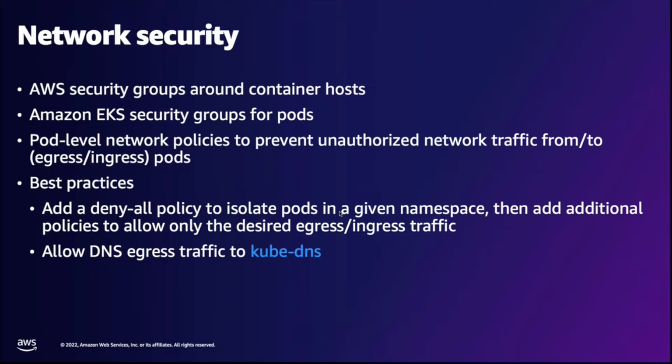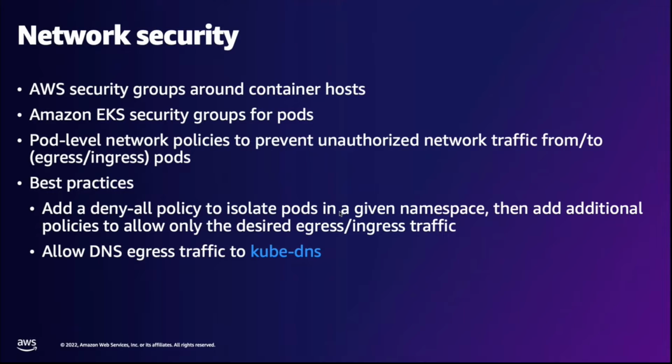Use Kubernetes network policy for east-west traffic within the cluster. Start with a deny-all policy to isolate pods, then incrementally add policies. These are the key things you need to consider when you are setting up, for example, port 53 for DNS to kube-system.